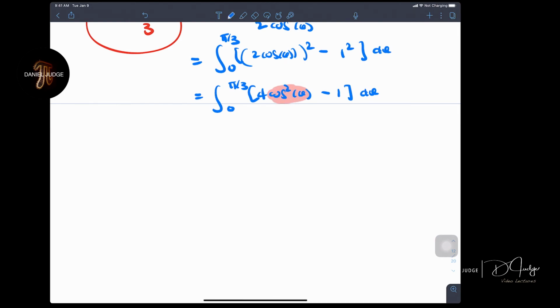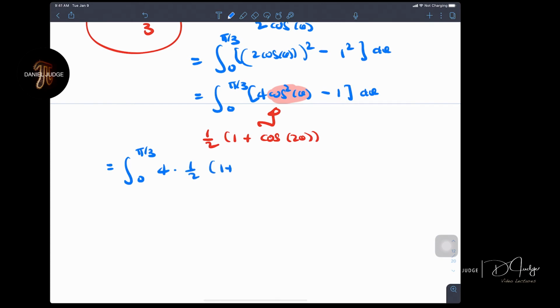Reduce the power from cosine squared theta. Replace this with 1/2 times 1 plus cosine 2 theta. So 0 to pi over 3, 4 times 1/2, 1 plus cosine 2 theta, minus 1 d theta.